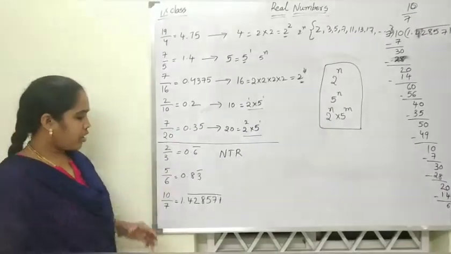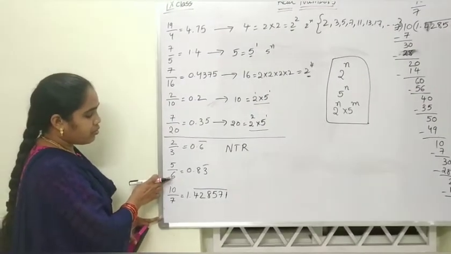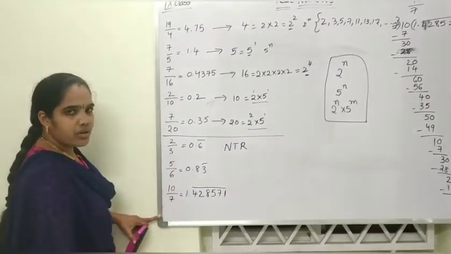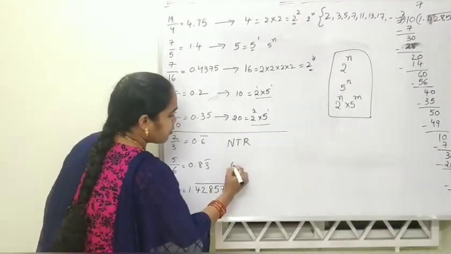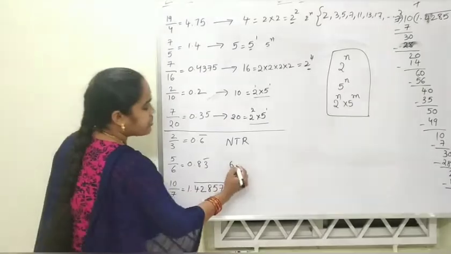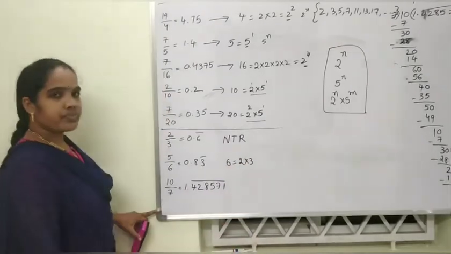Is it non-terminating recurring decimal or not? Now, here also 5 by 6. 6 is other than those forms or not? Why? Because take the denominator 6. How can you write it in prime factorization? 2 into 3.